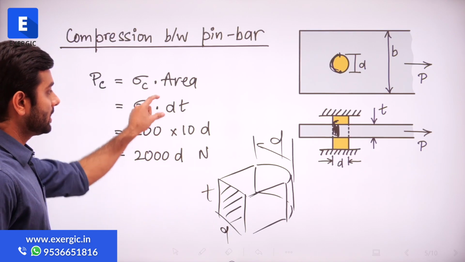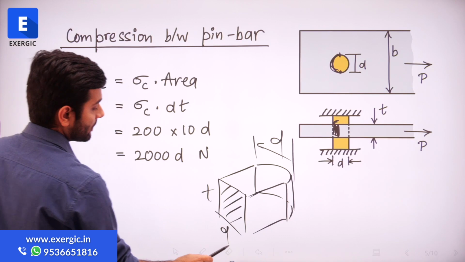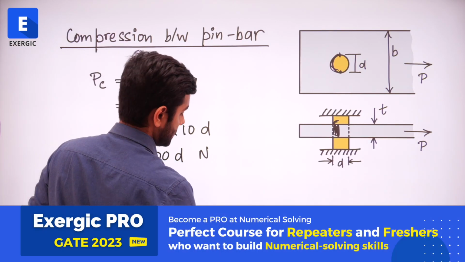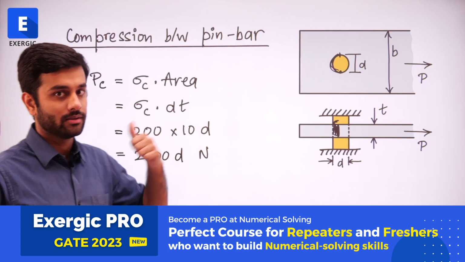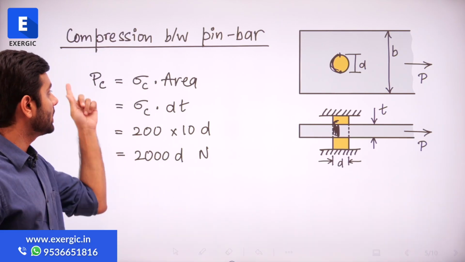So D multiplied by T, which we have already covered, is the area here. T is known to us, T is 10 mm. So just put 10 here, you will get 2000 D. Sigma C, the allowable bearing stress, was 200 megapascal. So 2000 D Newton is your PC.